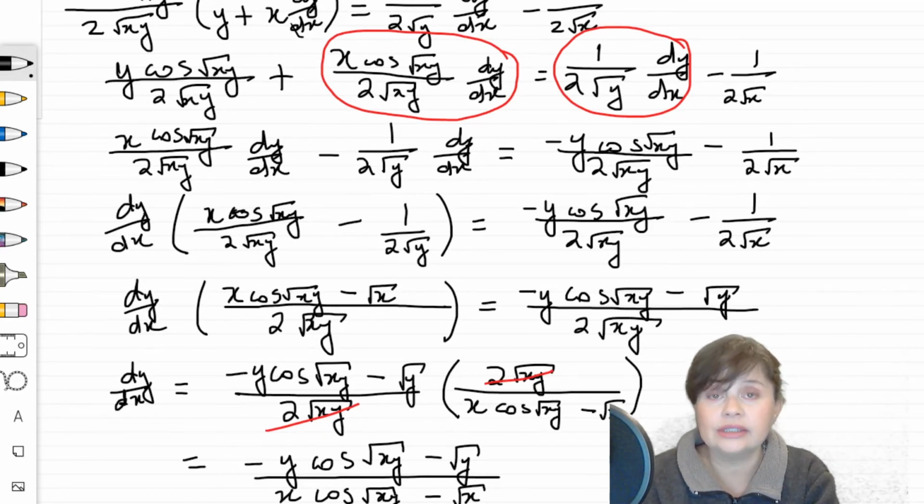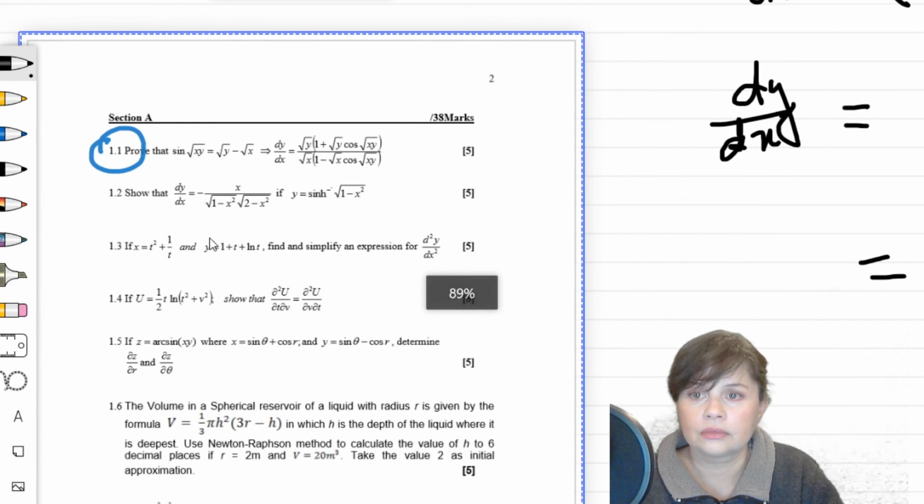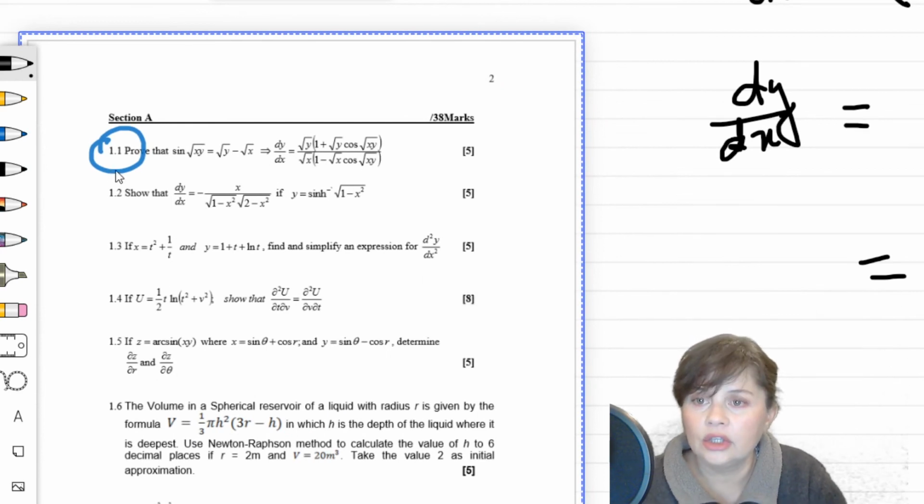But now let's go back to the question. Okay, so let's see here. The question says you need to prove that dy dx looks like this.